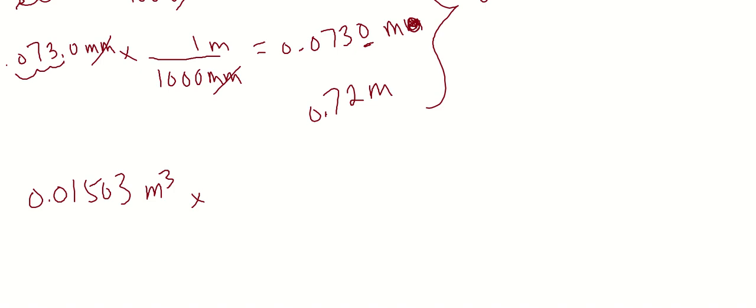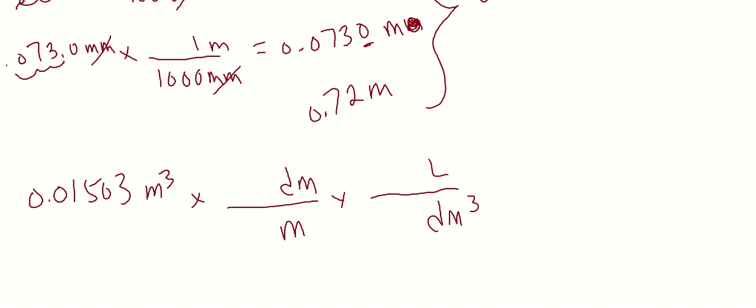All right, so I want to change cubic meters to cubic decimeters, because I know 1 cubic decimeter is equal to 1 liter. Now 1 meter is equal to 10 decimeters. Deci means 10 times smaller. Now when we cube this, we've got to cube the entire conversion factor, not just the units.